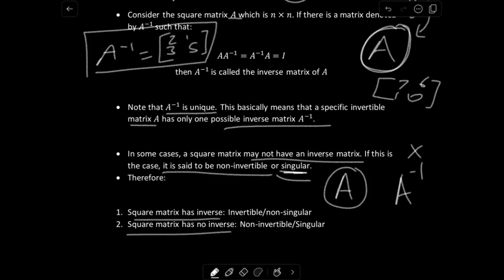A square matrix that doesn't have an inverse is non-invertible. Since it doesn't have a partner, it's single, it is singular. So just beware of this different terminology. Don't confuse them, and remember the techniques I'm telling you to remember it.